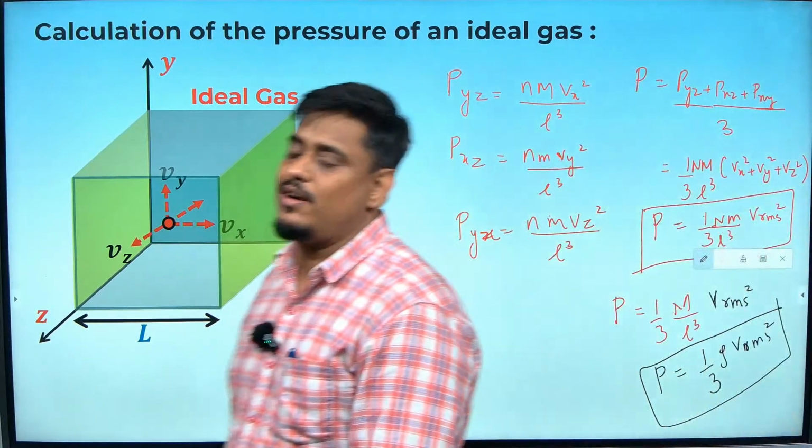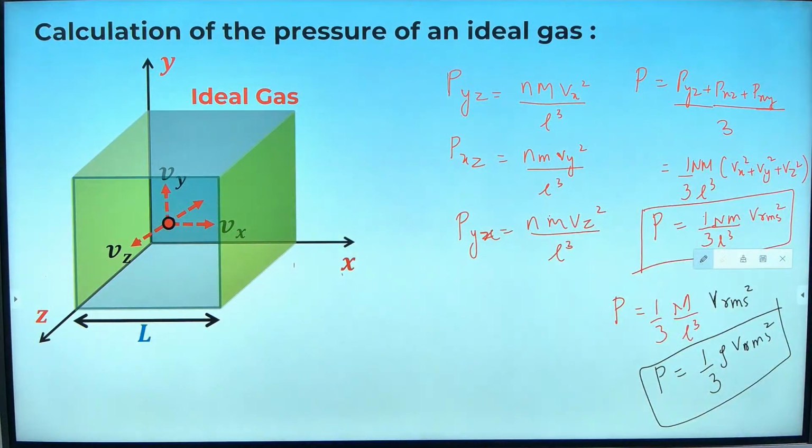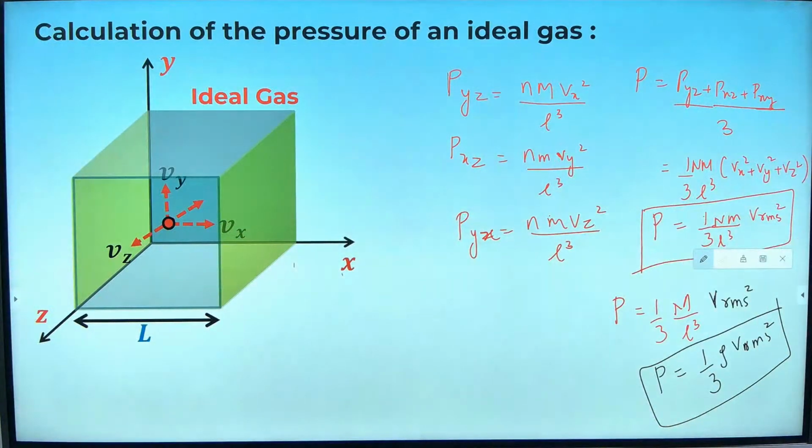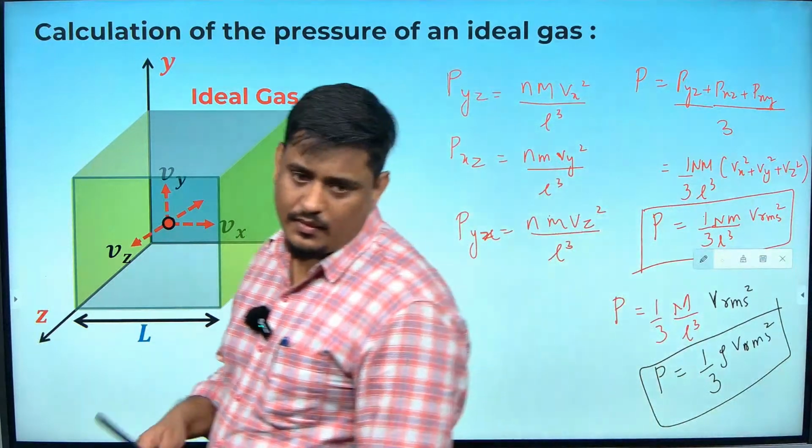This is the pressure exerted by any gas on the container because of its motion. From here only we will find V rms itself. I'll do it in the upcoming pages. But is it clear to you? I hope it is.